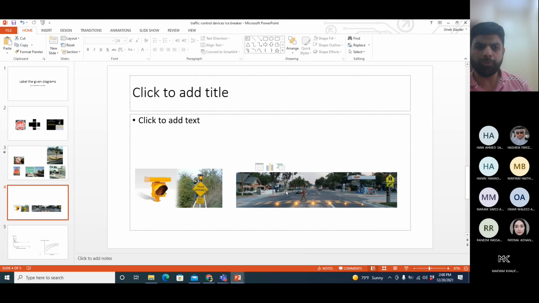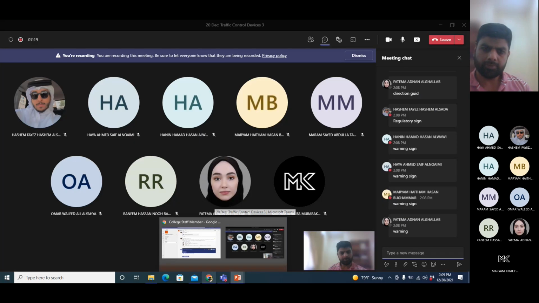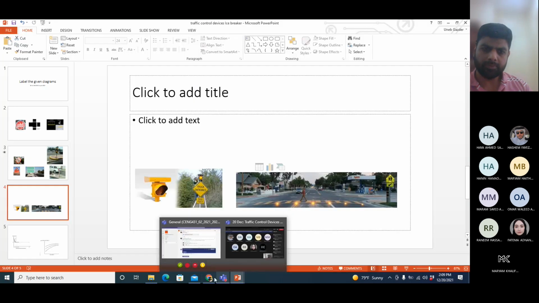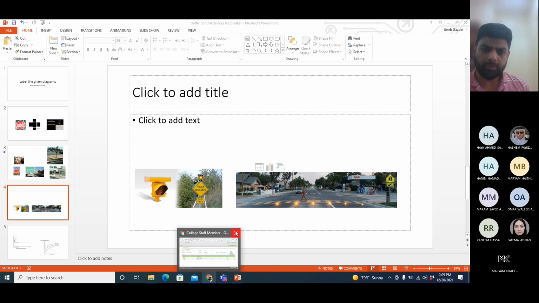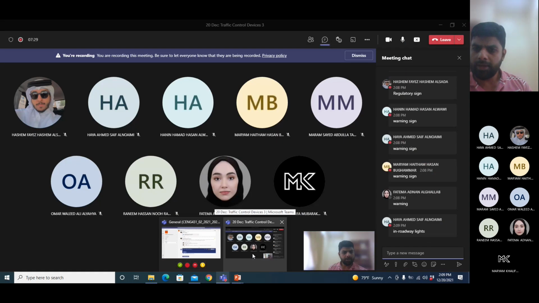Okay, we have two pictures now, right and left. Go ahead, whichever makes sense to you, whichever you remember, tell me, right or left. In roadway lights, the one on the right hand side is in roadway lights.